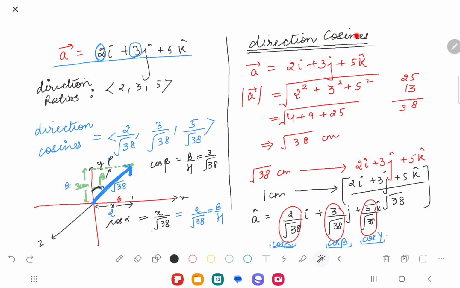But if somebody asks you direction cosines, they're actually asking you the value of cos theta of the angle that the vector makes with the x-axis. So you take the vector, calculate its unit vector, and then the coefficients of i, j, and k become my direction cosines. Do you understand my point?